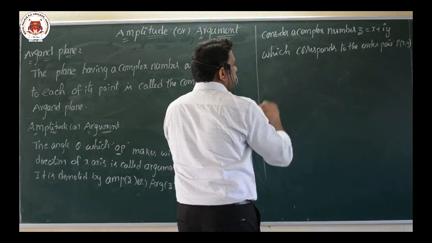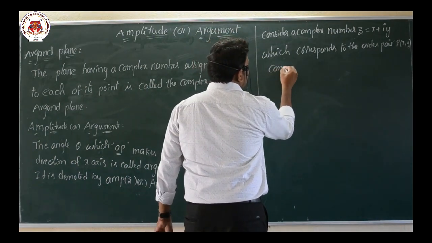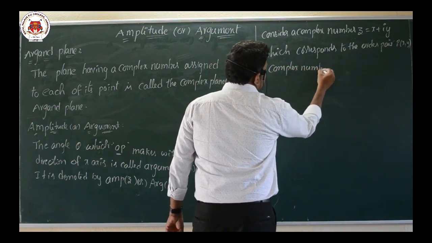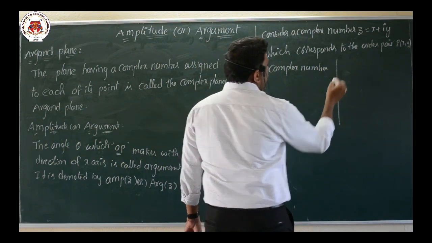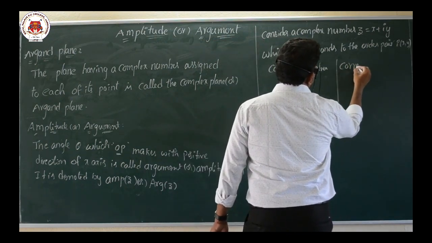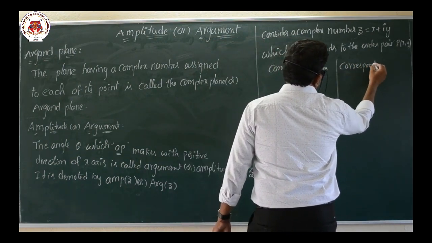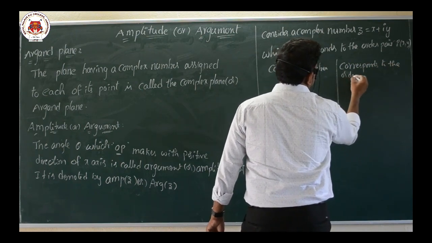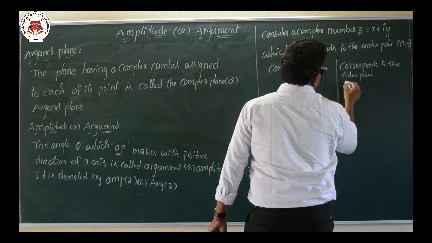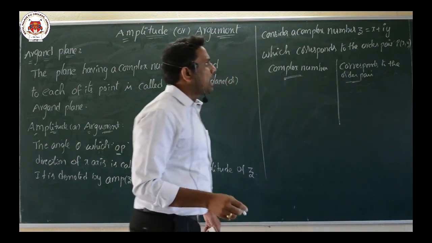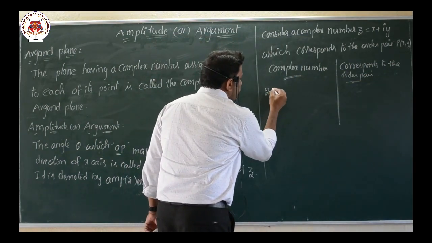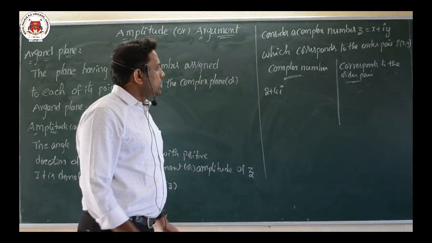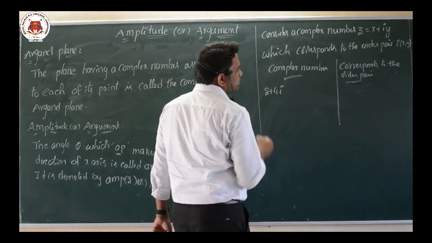For your understanding I am drawing a table here: complex number on one side, and on this side, corresponds to the ordered pair. First I am going to take one complex number, 2 plus 4i.